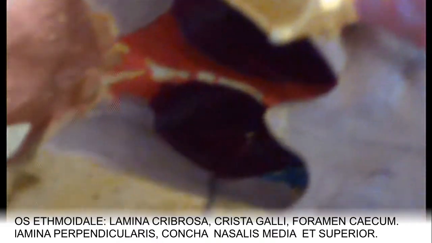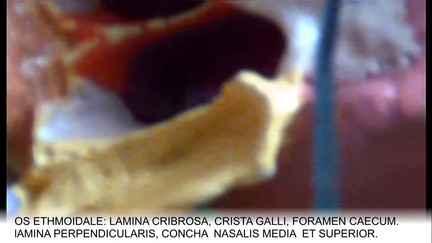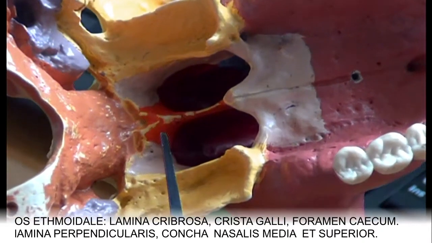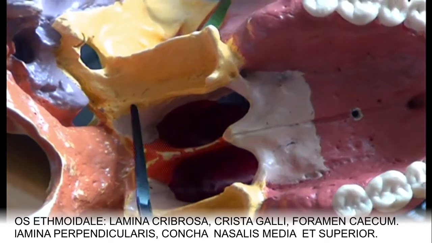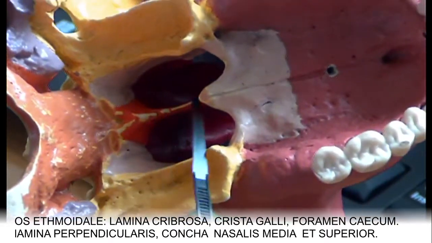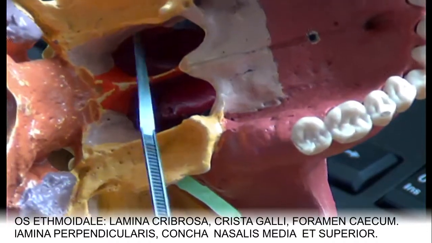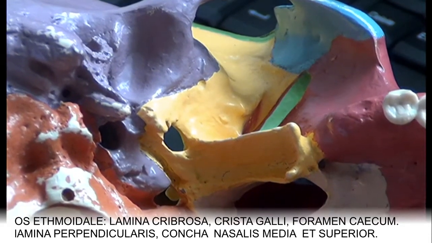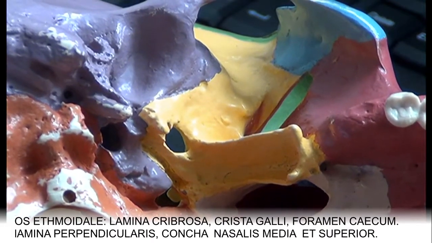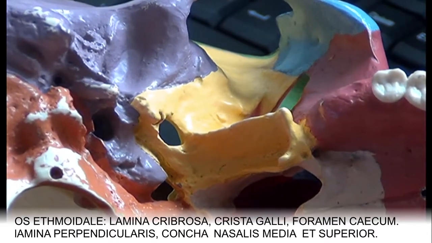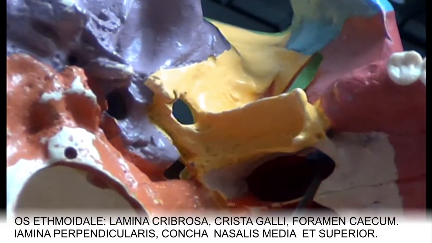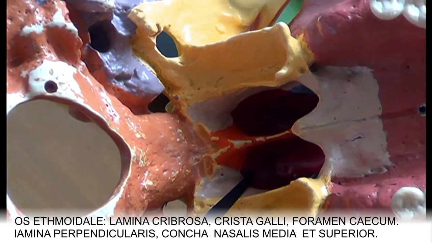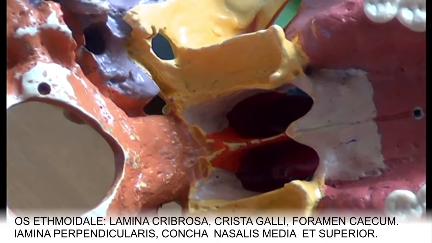To demonstrate it, we should turn the skull by the base, so we can see these foramina which are called choanae. This is the left choana and this is the right choana. Through the choanae, we should find concha nasalis media and superior.